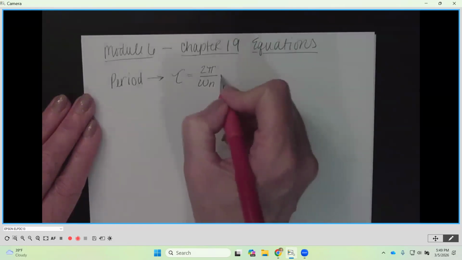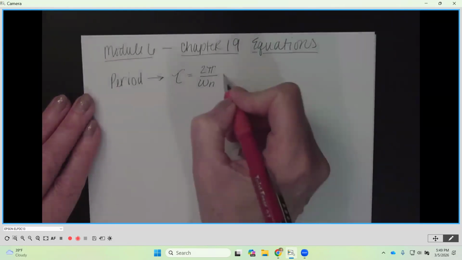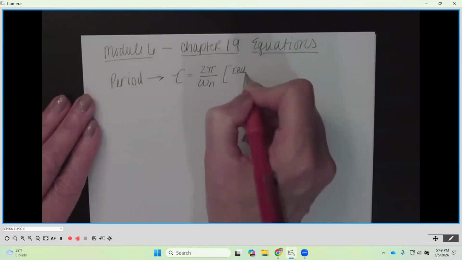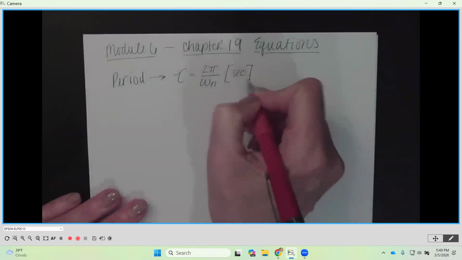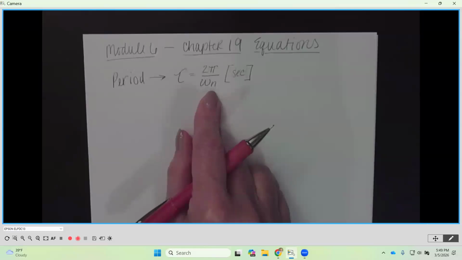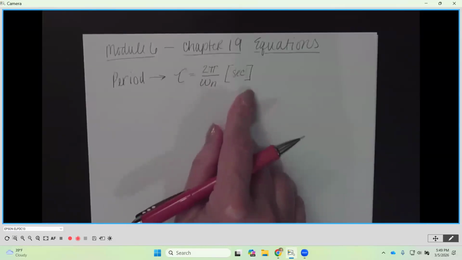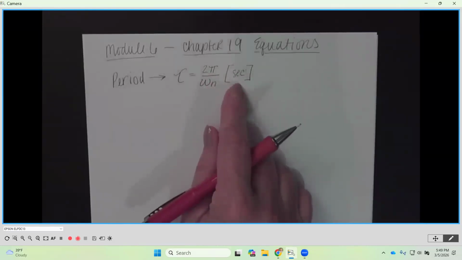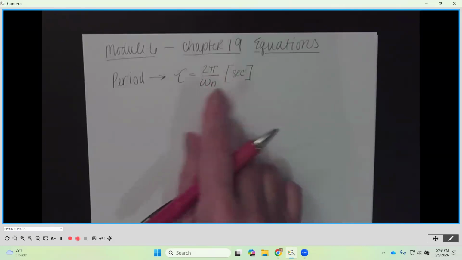Okay? Now, this is just like the same terms as angular velocity. And so the units are going to be, oh, I'm sorry, they're going to be seconds, okay? Because this is radians per second down here, and then per second is going to go on the top. And because radians are unitless, they magically disappear. Our units are going to be seconds, okay?